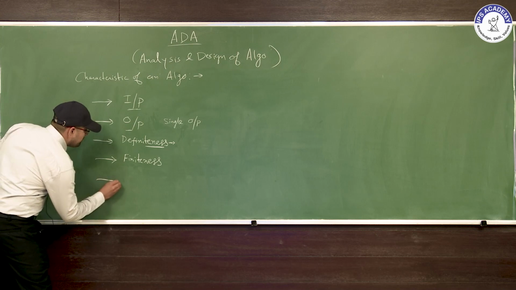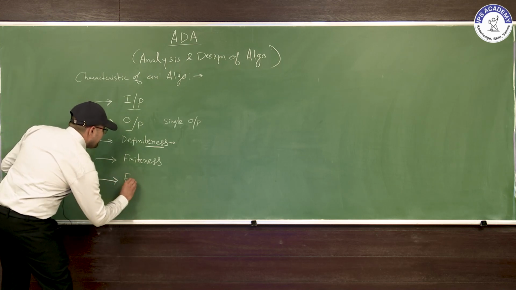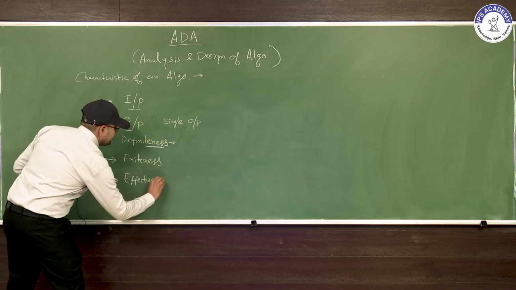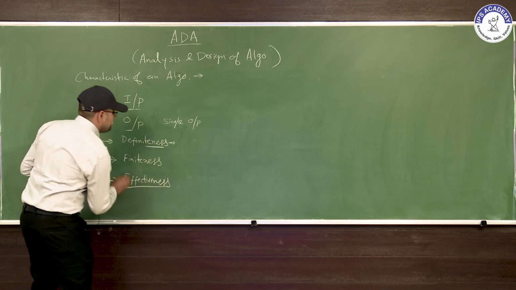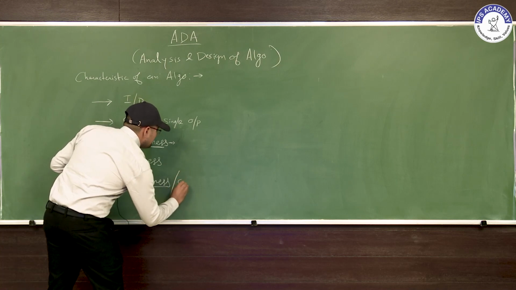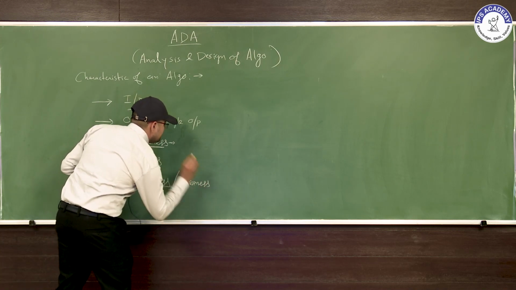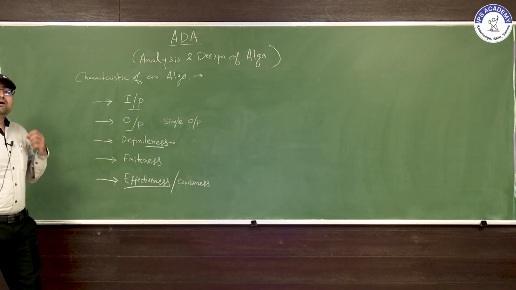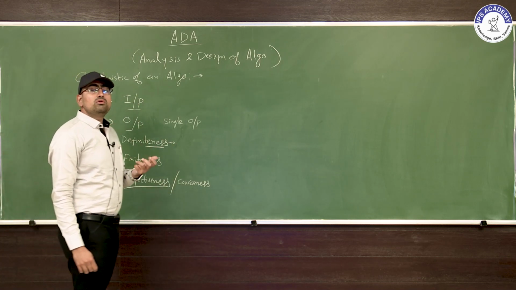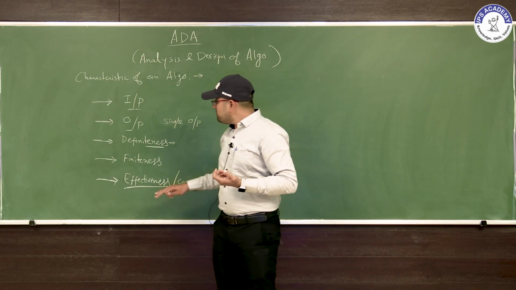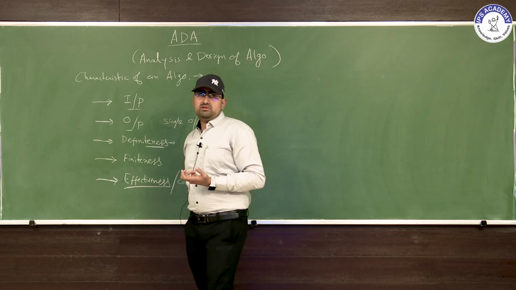And then the most important thing is effectiveness. It is also sometimes called conciseness. That means every step of your algorithm should be meaningful or should lead to a particular task, right?